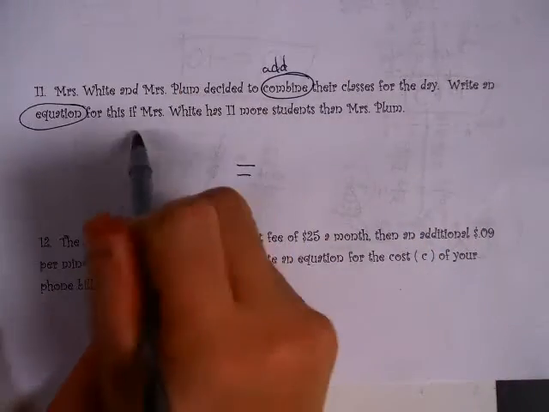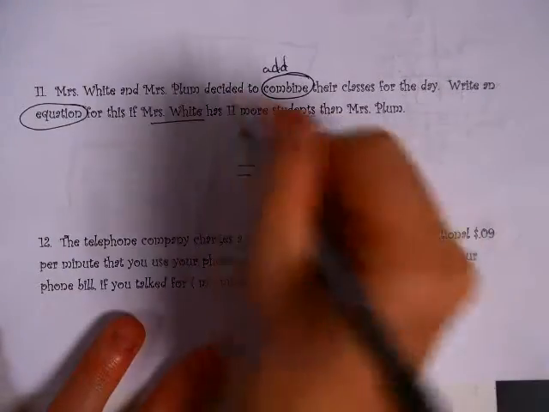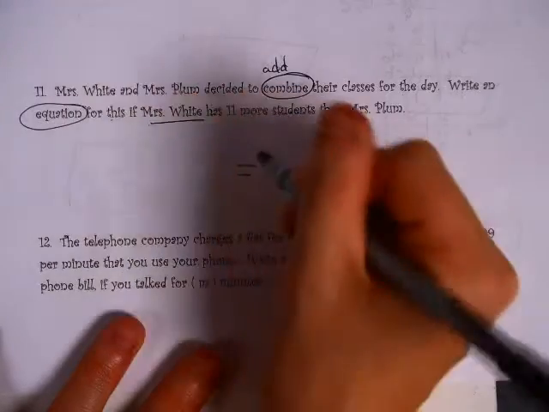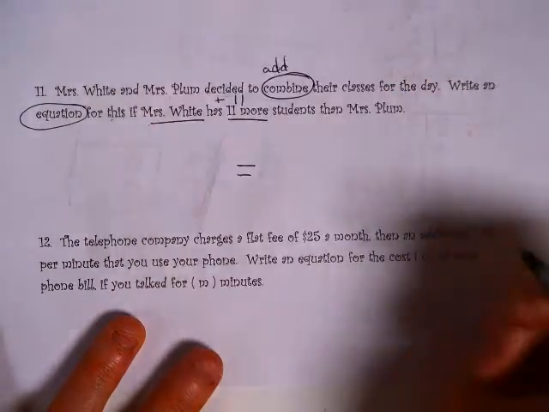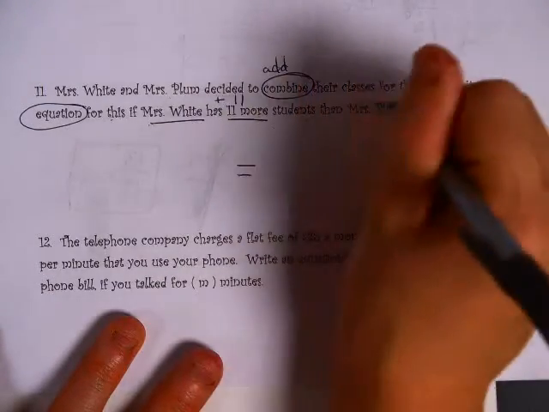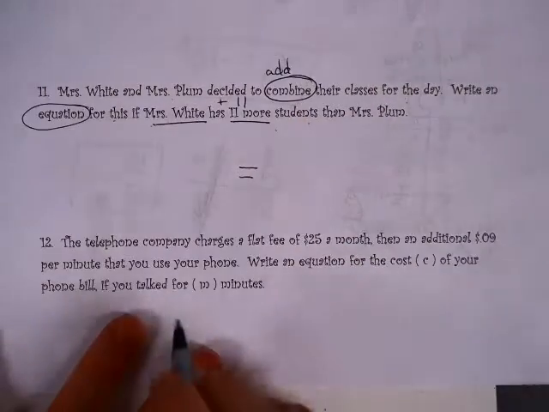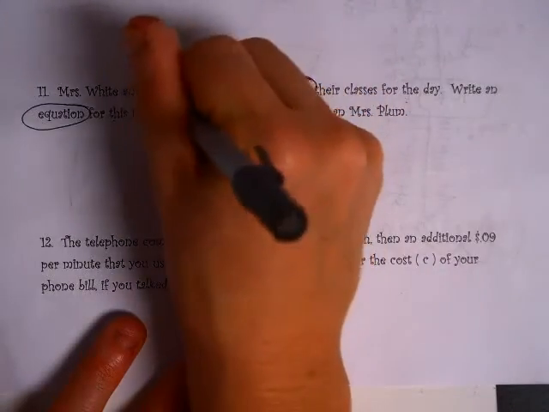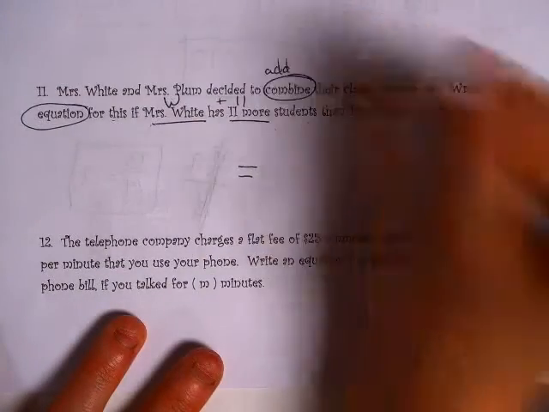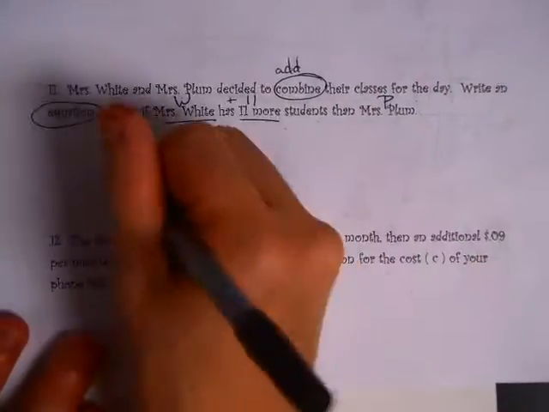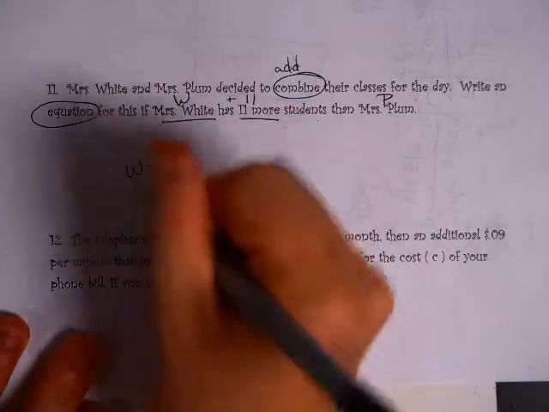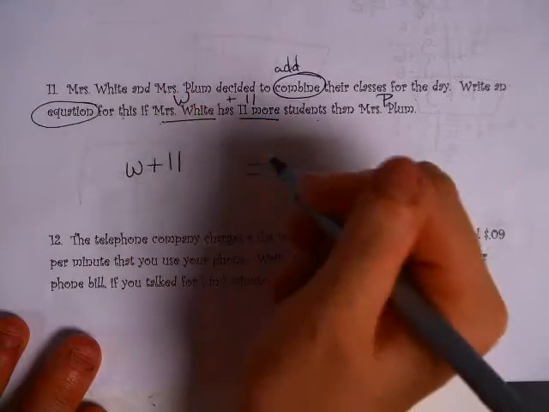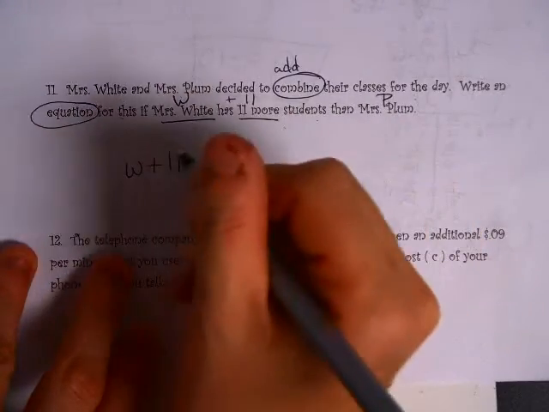Write an equation, so I know it has to have an equal sign, for Miss White if Miss White has 11 more, so that would be plus 11, right, students than Miss Plum. So I'm going to give them variables. We're going to say Miss White is a W and Miss Plum is a P. Okay? So we know Miss White has 11 more students than Miss Plum.